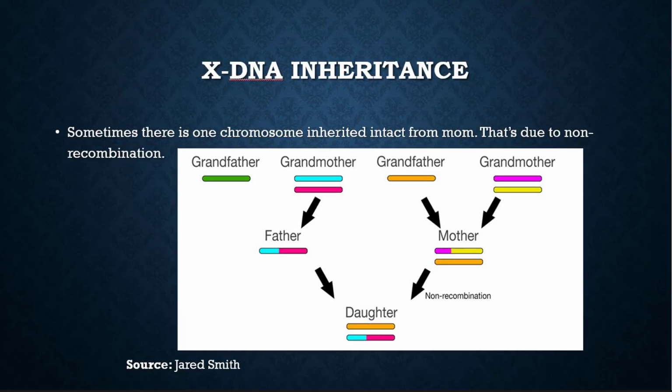Sometimes there's one chromosome inherited intact from mom. It's not typical, but it does happen. It's called non-recombination. If you look at this one here, grandfather donated to mom one chromosome of X intact, and grandmother had a combination to mother.